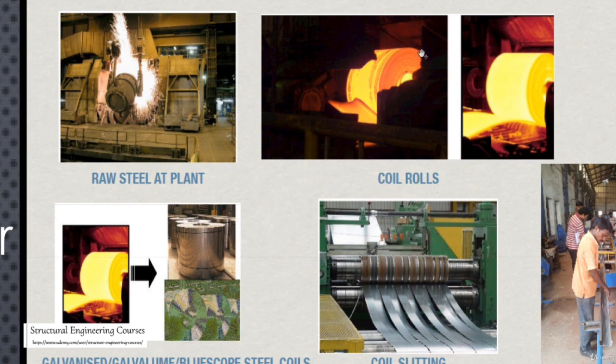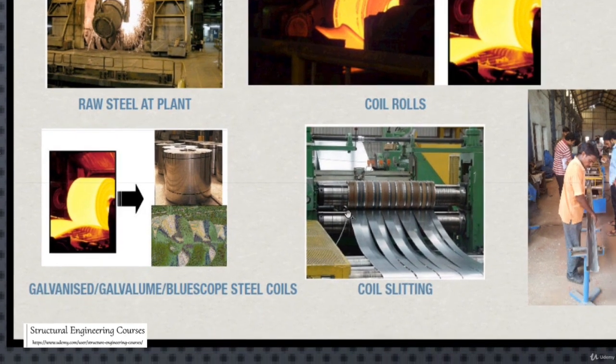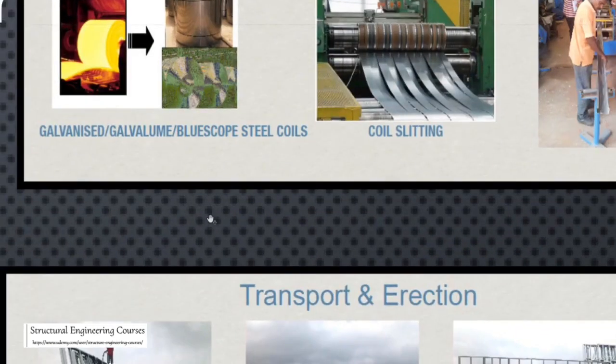From these coils we galvanize them. The coils are then slit, and we pass them through a machine whose sole purpose is to give them a particular shape, either a C shape or a Z shape.